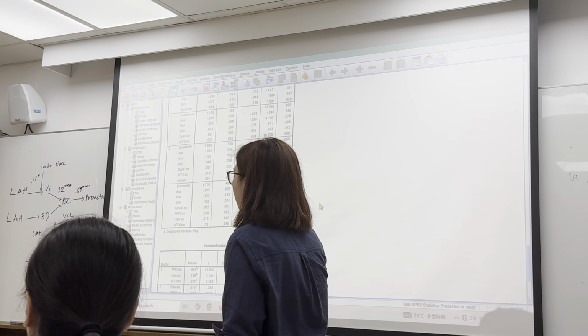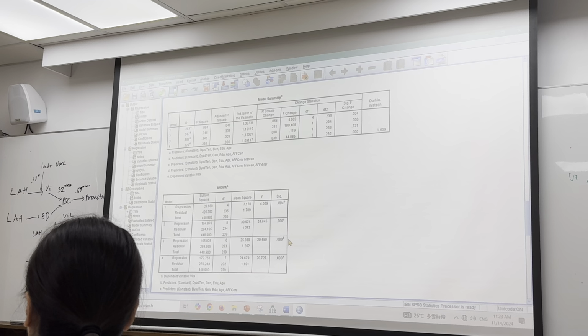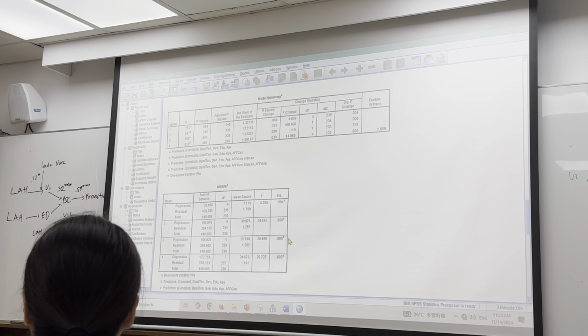Yes, you can report that as well, but normally they give the same result. This one is the summary of the table. Comparing the ANOVA table and the model summary, I decided to report this one because it's more overall.